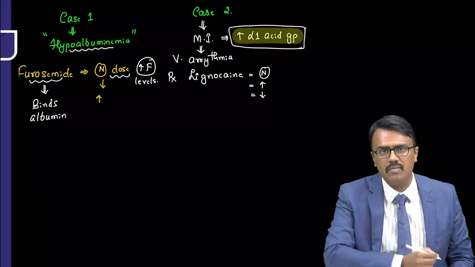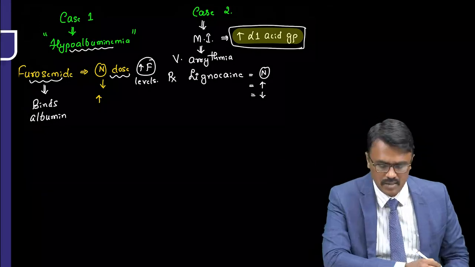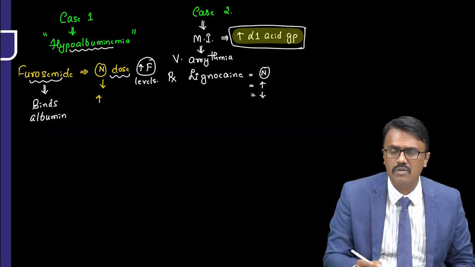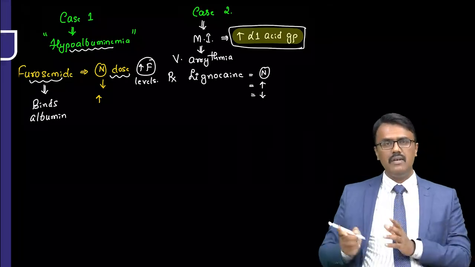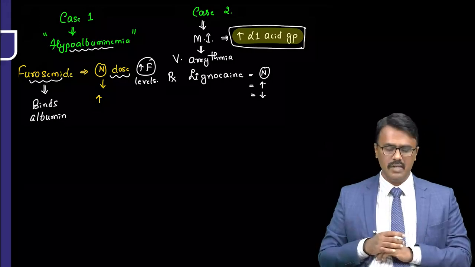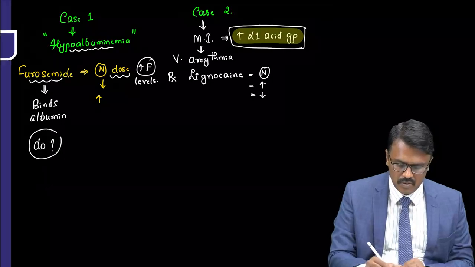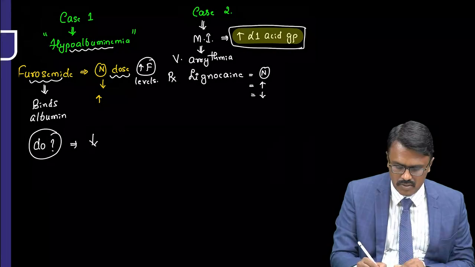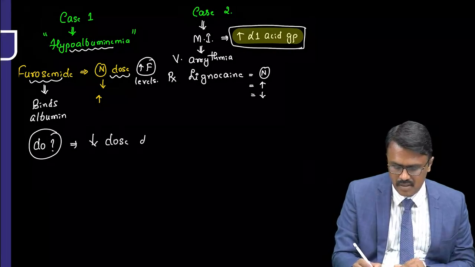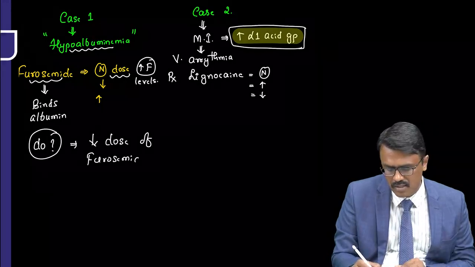What happens if free levels are more? Action is more. So if action is more, adverse effect is more. So in this patient, will you give normal dose? No. If I give normal dose, the free level of the drug increases, the action is more, adverse effect is more. So what should I do? In this patient, what should I do? So you have to reduce the dose and give it. Reduce the dose of furosemide. So very, very good application. We understood now.